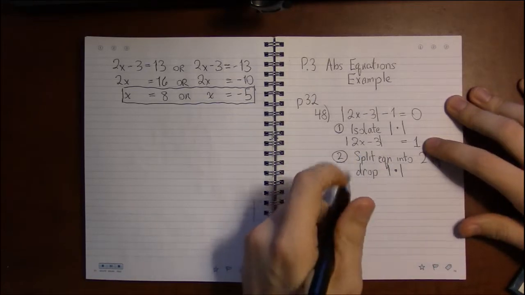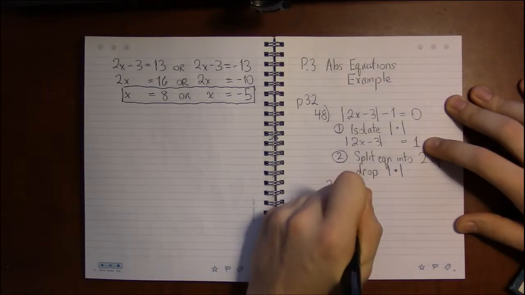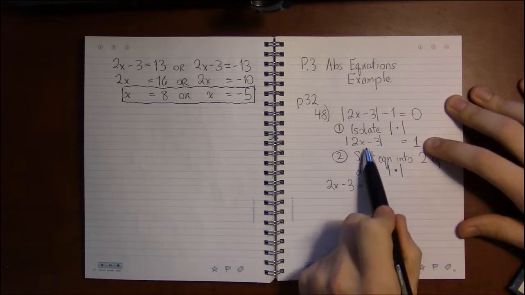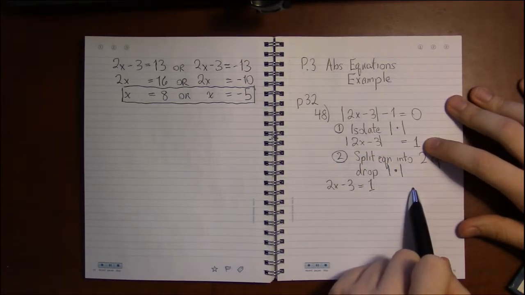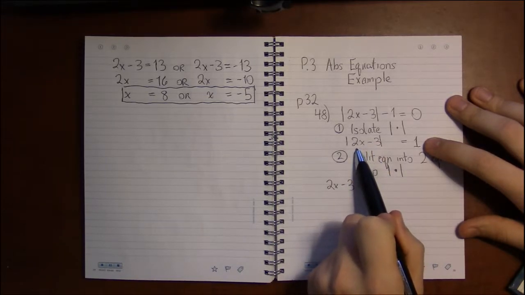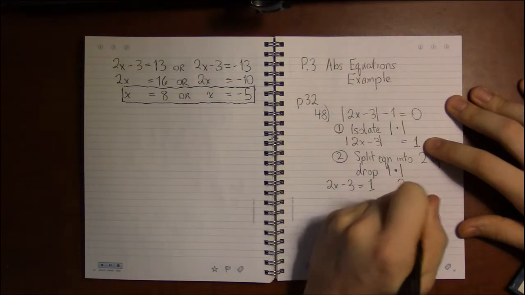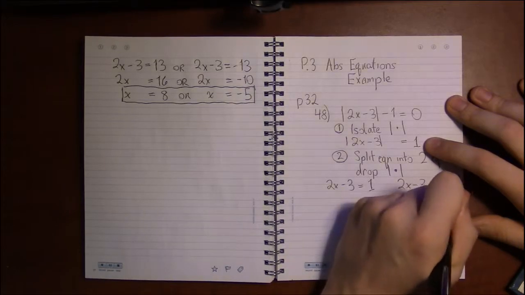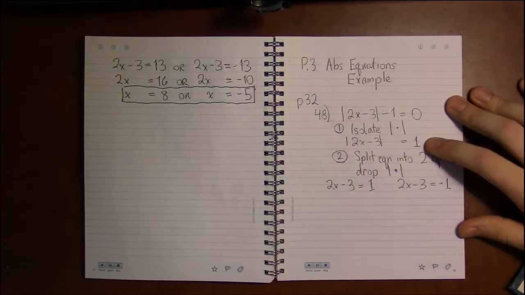So one way this could work is if what's inside the absolute values is equal to 1. That's one way we can escape the absolute value. The other way you can escape the absolute value is if 2x minus 3 is equal to negative 1. Because if this is negative 1, the absolute value of it is still positive 1.